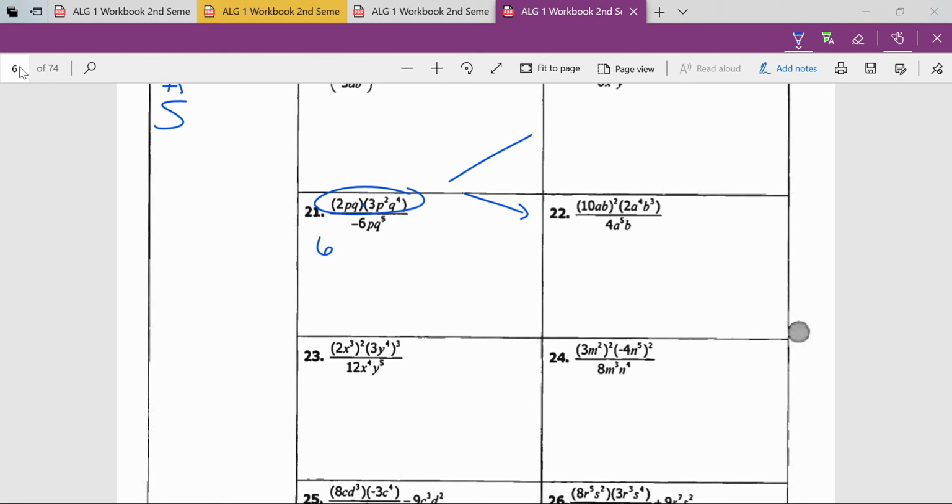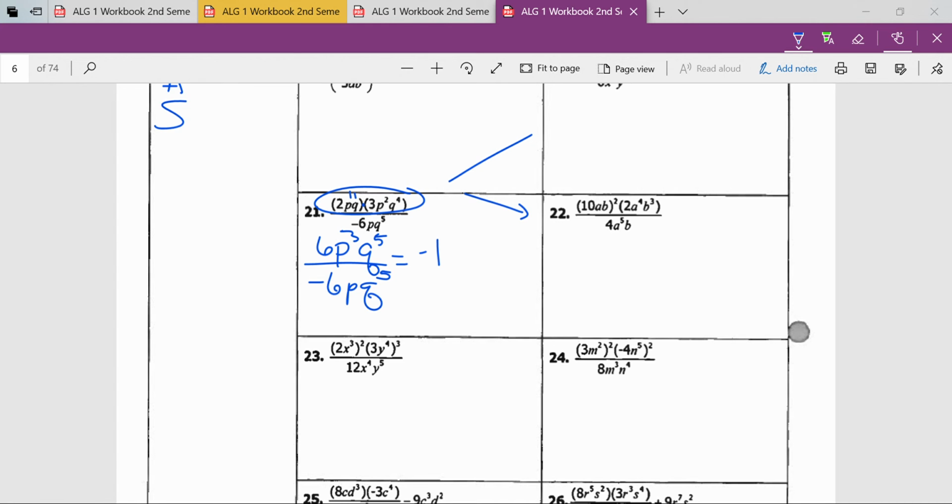P to the 1 and P to the 2, when we multiply them, it's going to be P to the 3. Very good. Remember, when we multiply variables, we add their exponents. Q to the 5. Very good. Now that we've simplified our numerator, now we can focus on dividing by our denominator. Very good. 6 divided by -6 is -1.